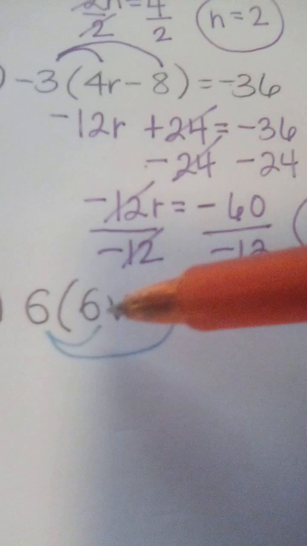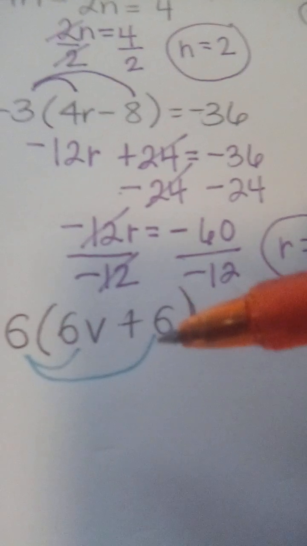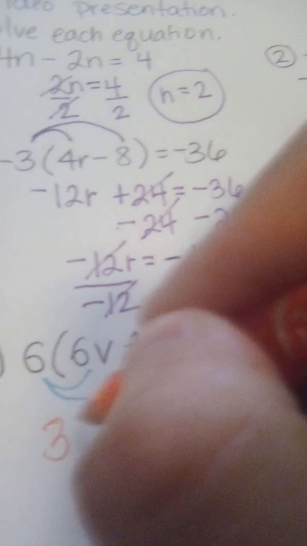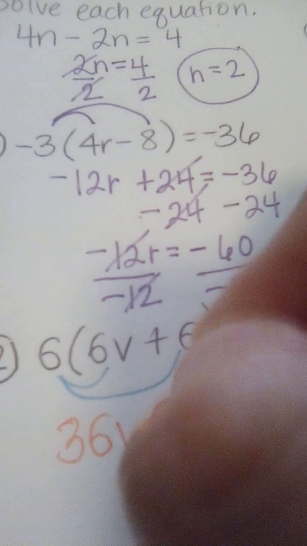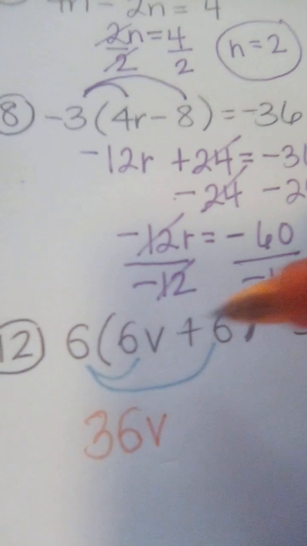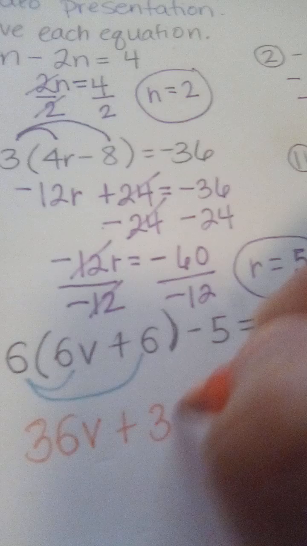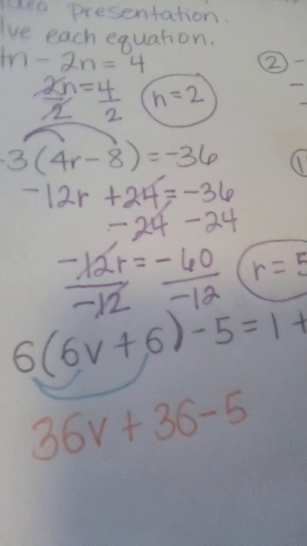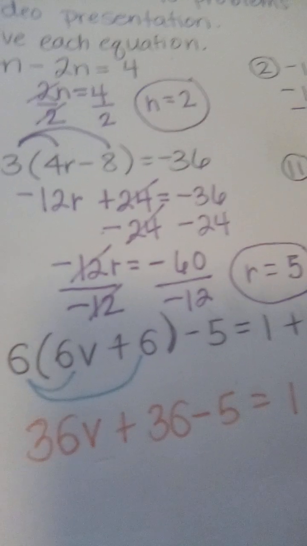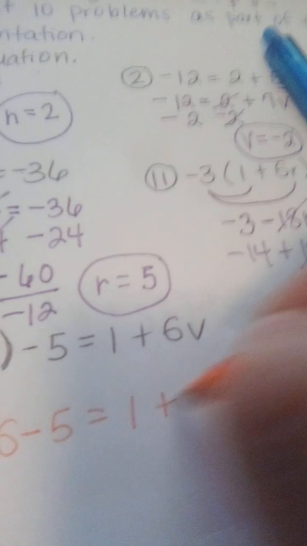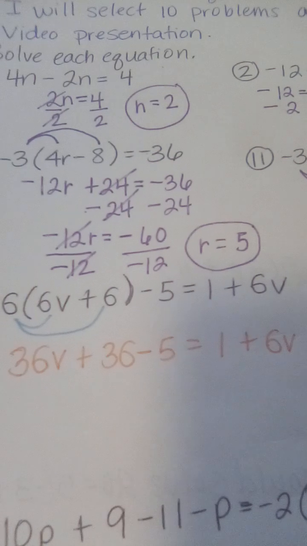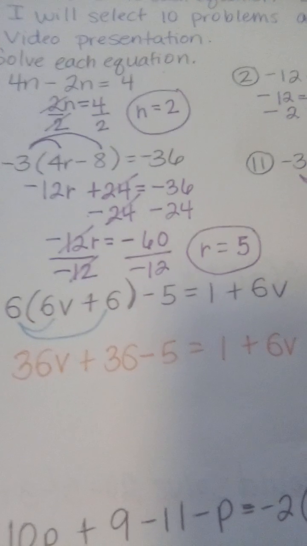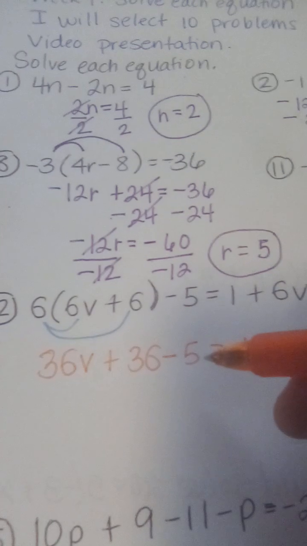What's 6 times 6? 36, right? 36v, don't forget the variable, and 6 times 6 is 36, a positive. Very good. Minus 5 equals 1 plus 6v. All right. So far you had this step, right? Very good.